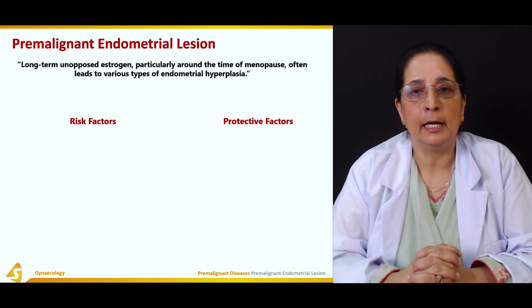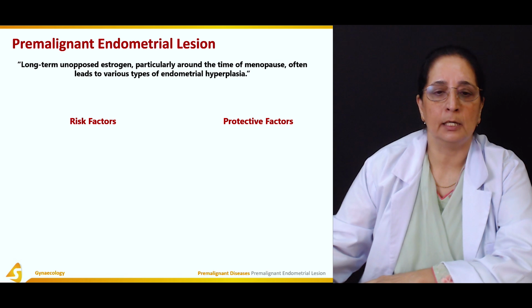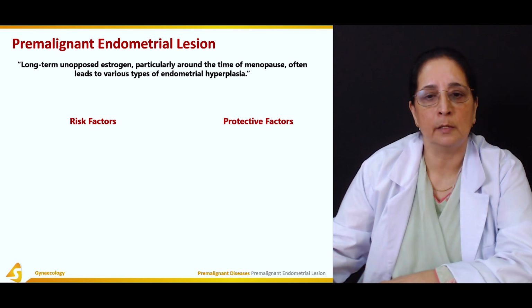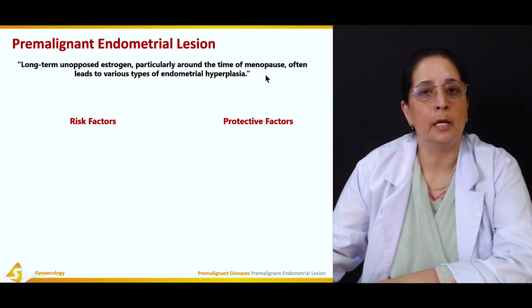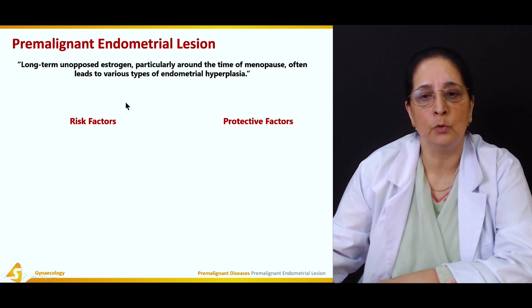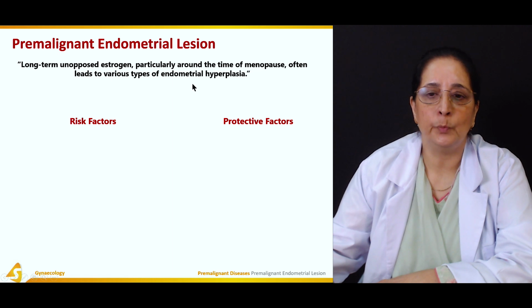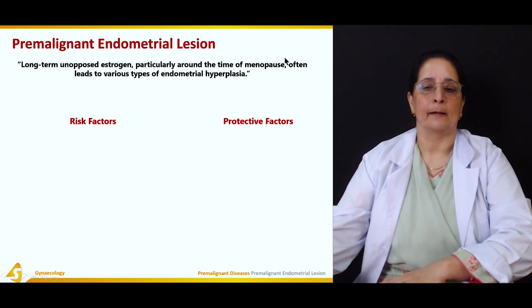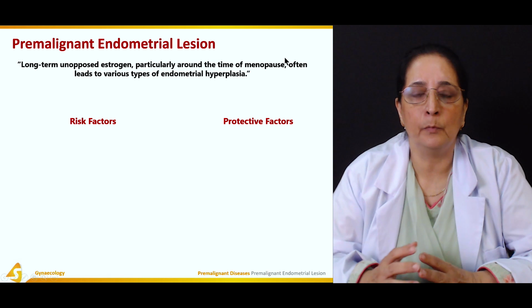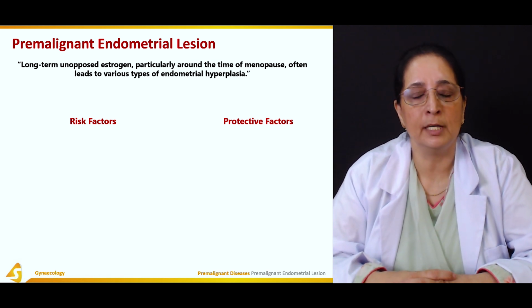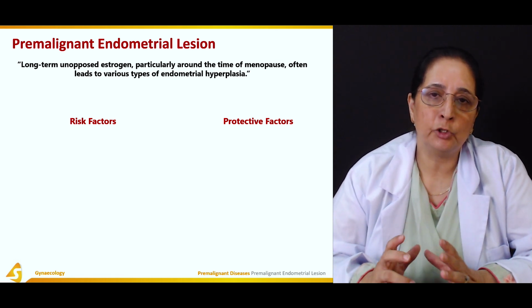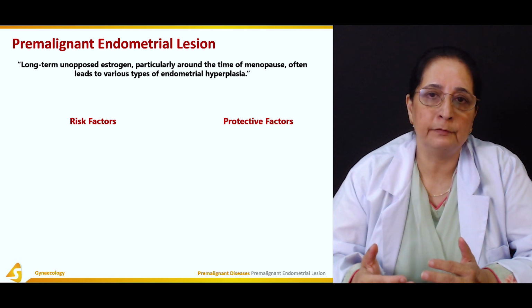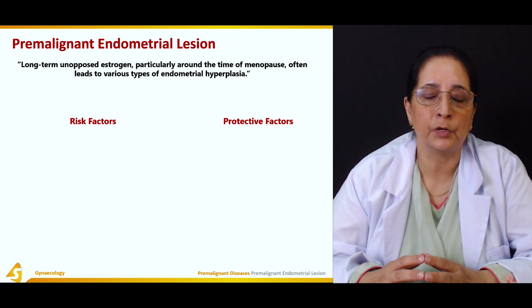Premalignant endometrial lesion is usually due to long-term unopposed estrogen, particularly around the time of menopause, and leads to various types of endometrial hyperplasia. Estrogen is a hormone produced by the ovaries, and it's a very important hormone of the female reproductive system. Estrogen leads to proliferative changes in the endometrium.